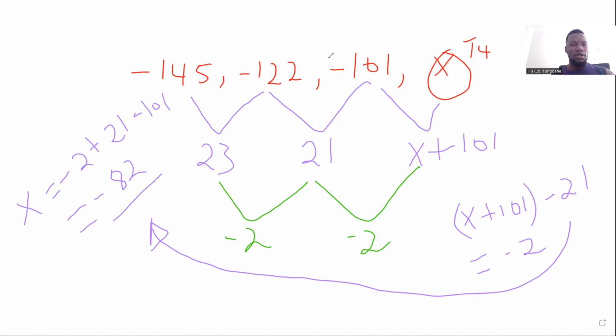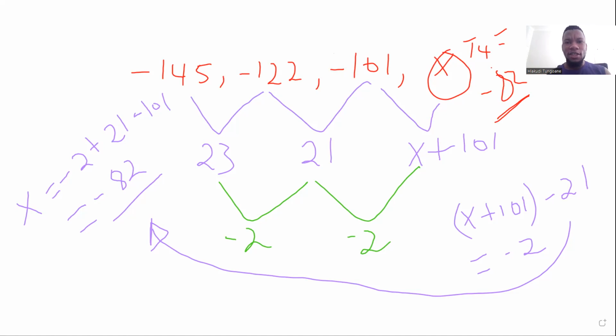Let's just quickly verify. This is -2 plus 21, that's 19. So 19 plus 101, that should be 82. You can just confirm in a calculator if you're not sure. Yes, that's 82. So then the fourth term in that sequence is -82.